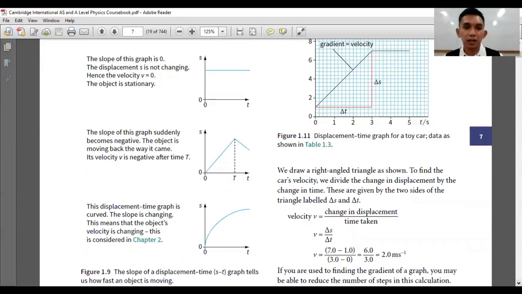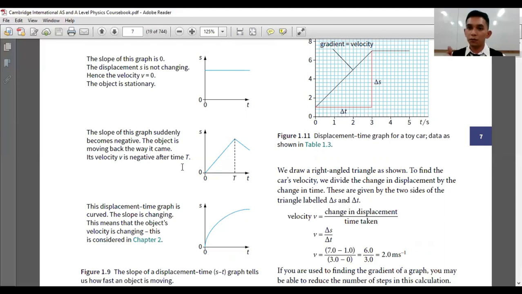Next, we check the fourth graph. The slope of this graph suddenly becomes negative. The object is moving back the way it came. Its velocity is negative after time t. So this one, for example, is for a car or an object that is moving forward, and then after that, the object is moving back the way it came.